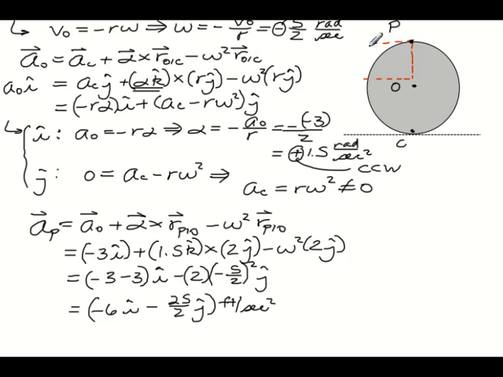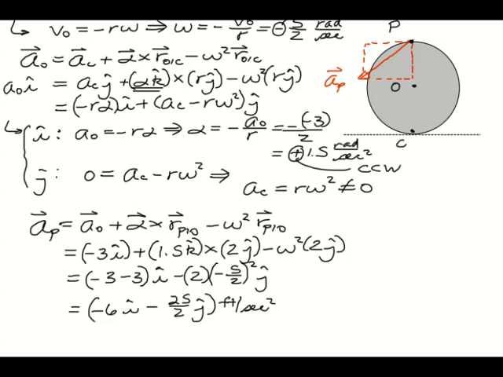So the acceleration of point P would be looking like that. Because again, it has a negative x component of 6 and a negative y component of 25 over 2. Maybe not drawn very well to scale, but at least you get the idea. It's negative x and negative y.